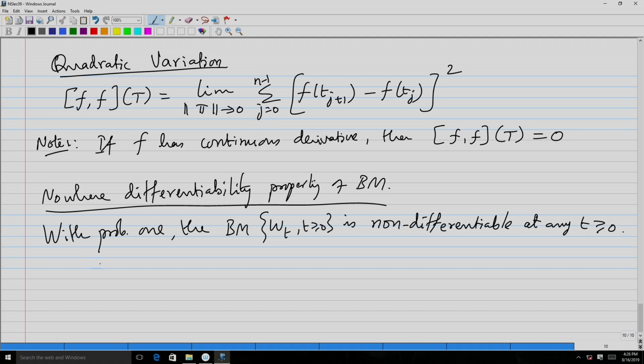So, what this means is that if I take a path of the Brownian motion, you can go back and see the sample path that we had, just these up and down movements, very sharp movements that we have.